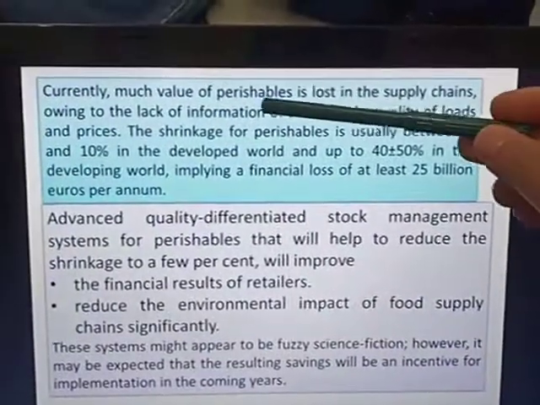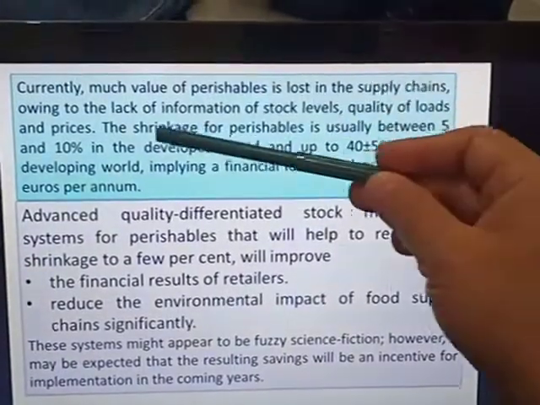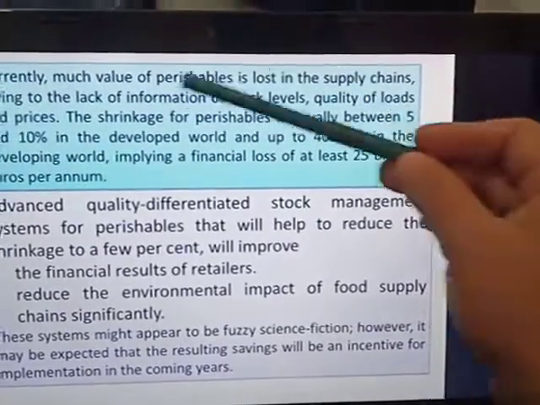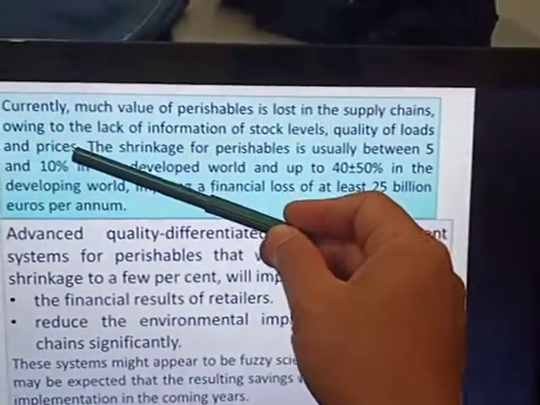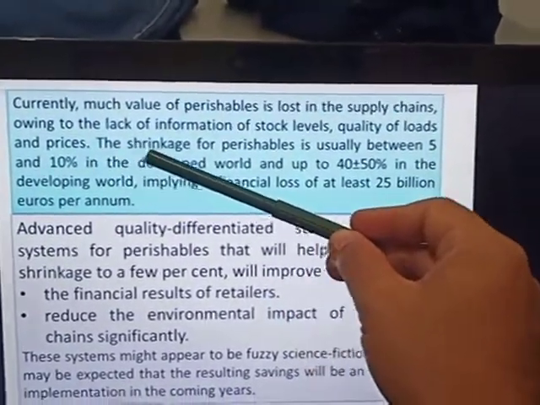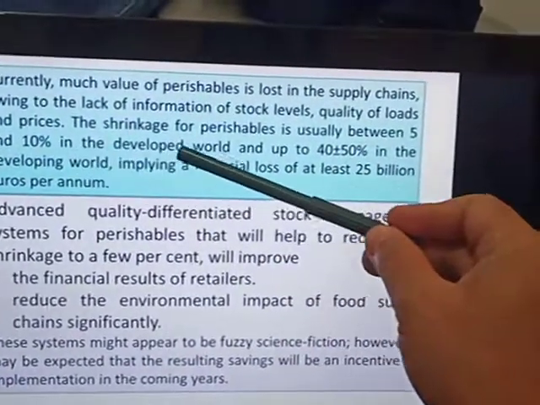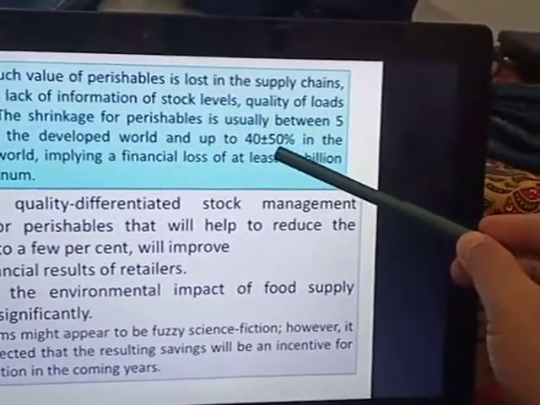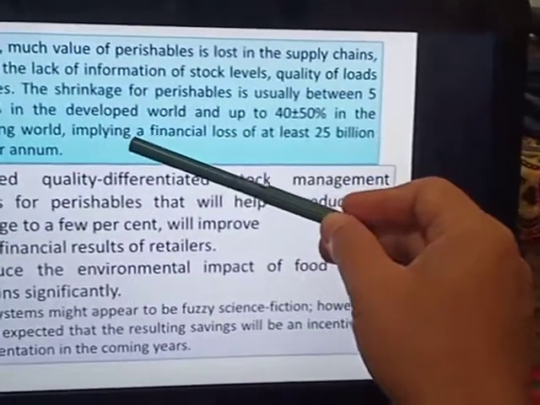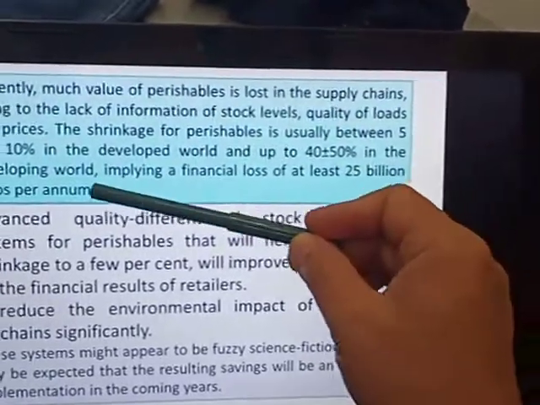So currently, much value of perishables is lost in the supply chains owing to the lack of information on stock levels, quality of loads, and prices. So all this information can be put inside the chip and then can be observed. The shrinkage of perishables is usually between 5 and 10% in the developed world and up to 40 to 50% in the developing world, implying a financial loss of at least 25 billion euros per annum.